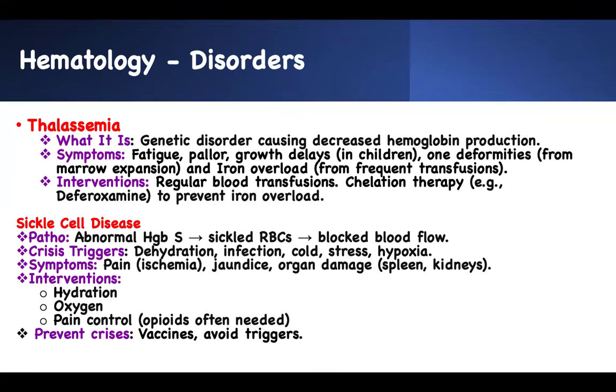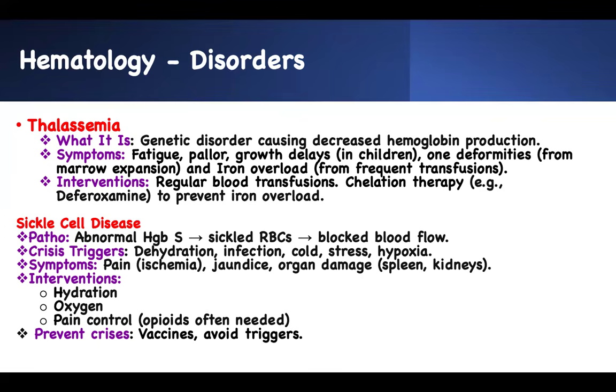Therefore, in order to prevent it, take care of all those things. They should avoid triggers and have vaccination to prevent future problems like infection. The symptoms they present with are due to ischemia because blood is not going to the area that the sickle red cells have blocked.